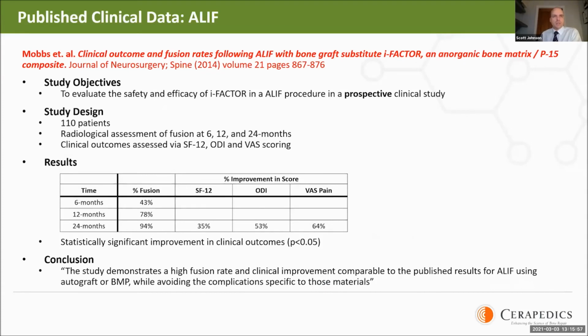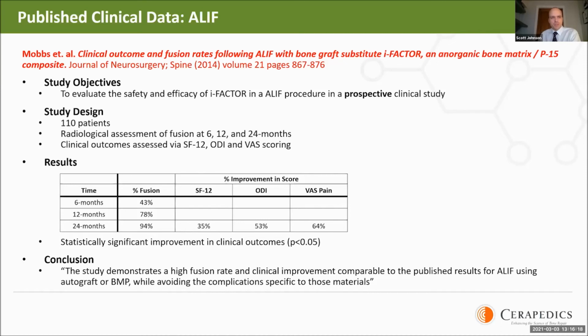With the other study data that we're able to provide in support of iFactor, this was a 110 patient study involving iFactor in ALIF procedures. This was a study in Australia which yielded high fusion rates at 12 months and 24 months.